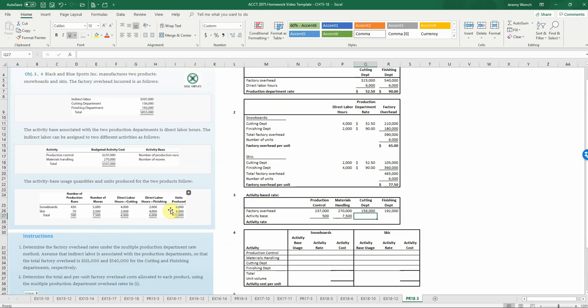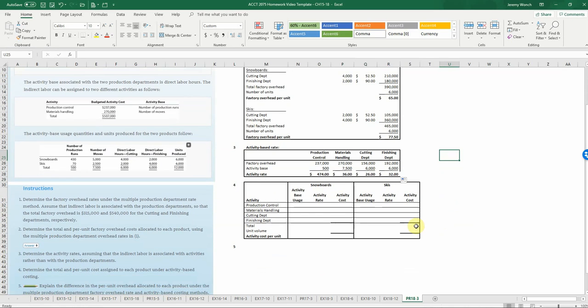The cutting department is direct labor hours, which we already have up here. Then let's divide the cost by the activity base. And now we have our activity rate per activity.